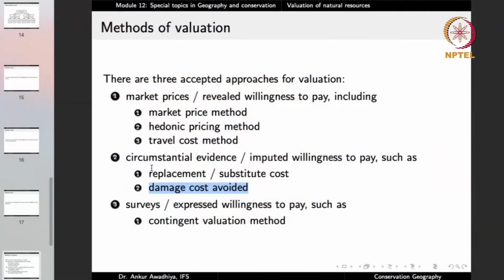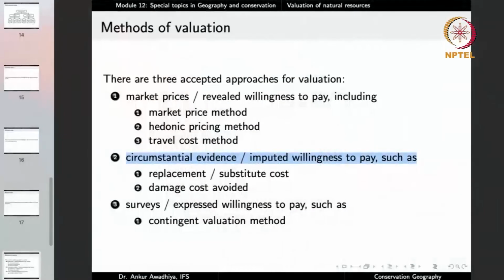So methods such as these are known as circumstantial evidences or imputed, which means inferred willingness to pay. Because we are not actually setting up the water treatment plant in this case, or we are not actually removing the forest and seeing what is the amount of damage. We are just inferring it from the available information. So that is another way of valuation.